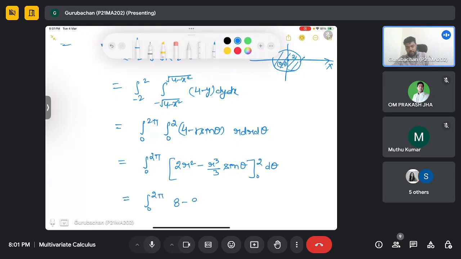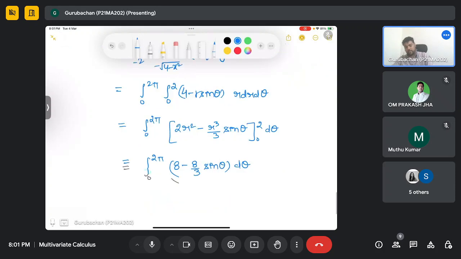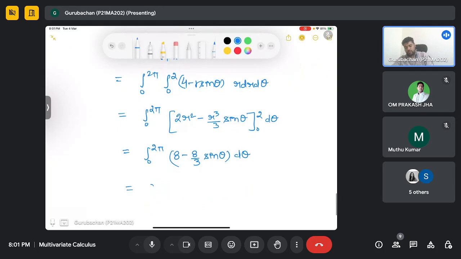That is 8 minus 8 by 3 sine theta d theta. Integrating, we get 8 theta minus 8 by 3 cos theta from 0 to 2 pi. So this will give us 16 pi. I hope it is clear to everybody.